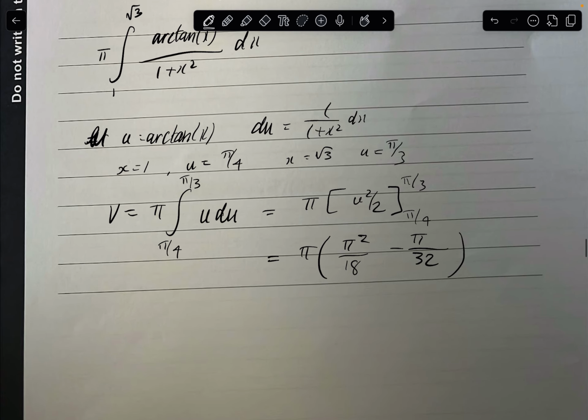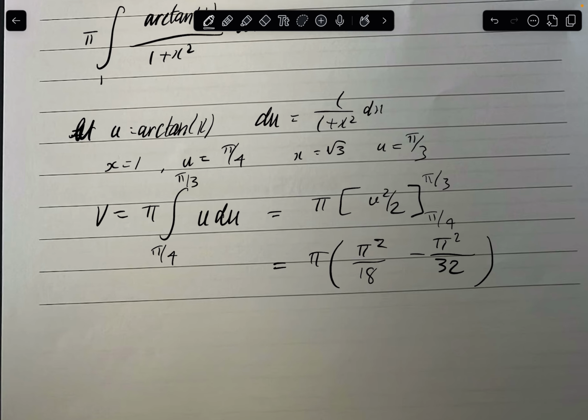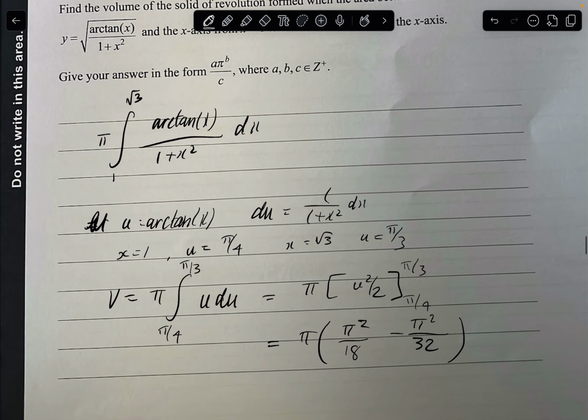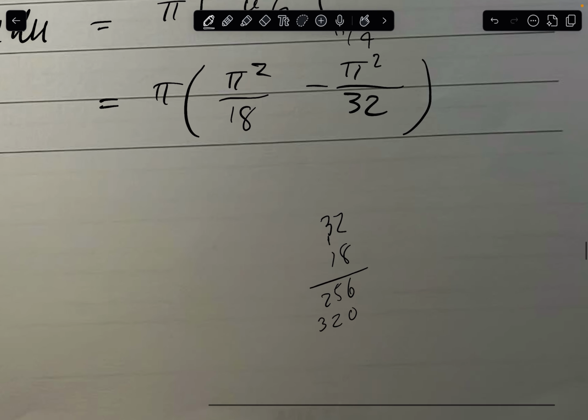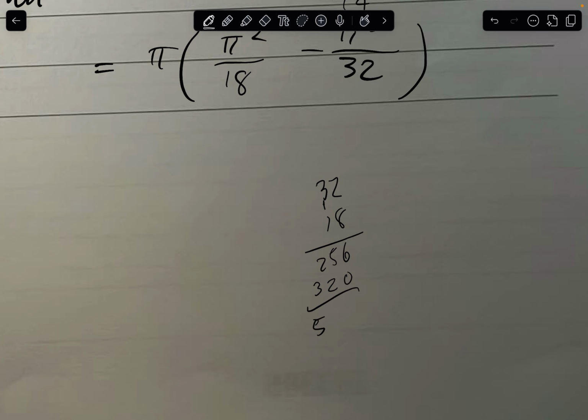That's annoying. What's the common denominator? I'm just going to multiply them. 18 times 32 is 576.